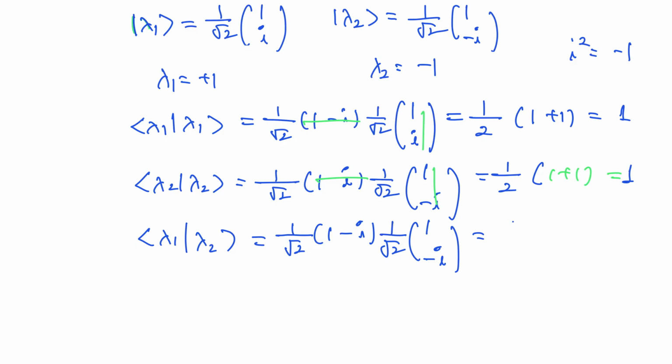So we have 1 over 2, and you multiply them together, 1 plus i squared, which is 0, right? Which is the same as 1 minus 1 is equal to 0. And it is the same for lambda 2, lambda 1, with the conjugate. So we found that, again, this is an orthonormal basis. And let's check whether the outer product satisfies the same condition.